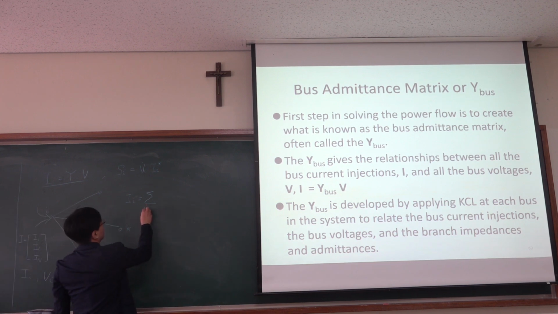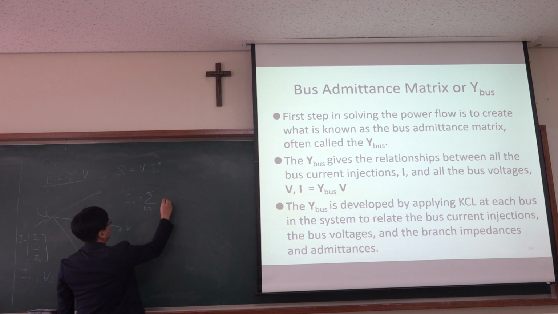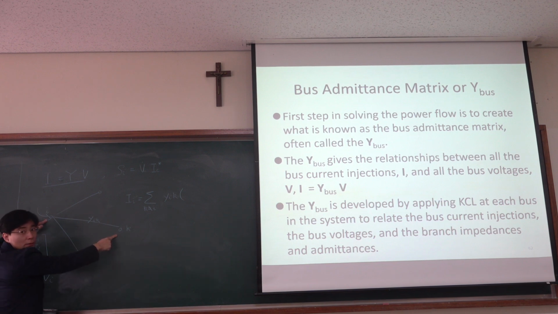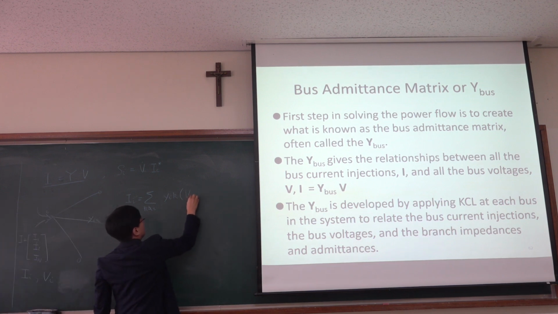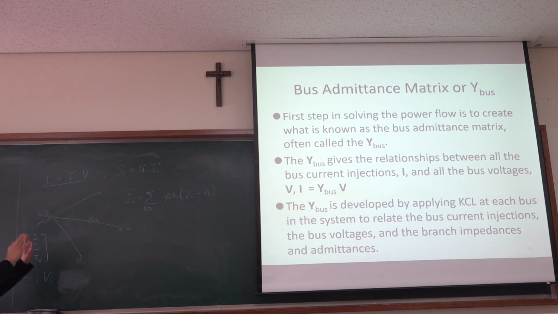So that is for the nodes K not equal to I, the admittance y sub ik times the voltage difference between these two, V sub I minus V sub K. Everybody agrees with this, right?